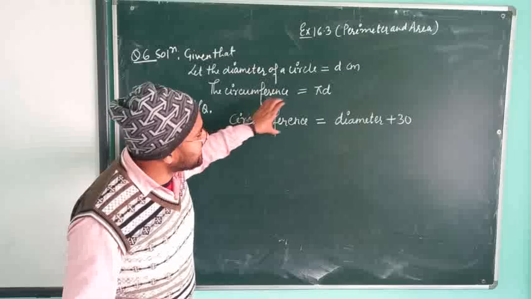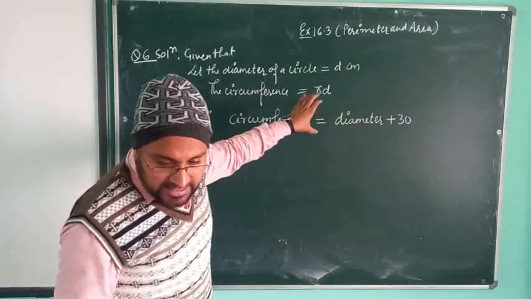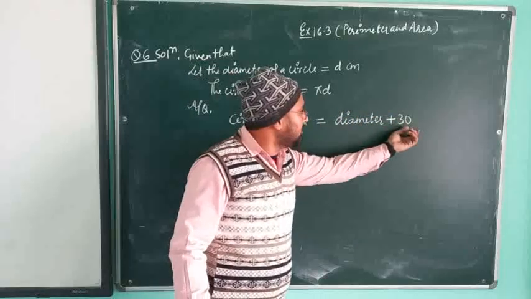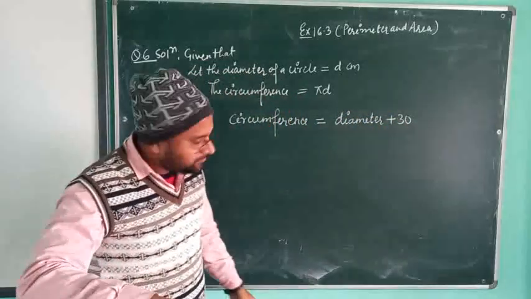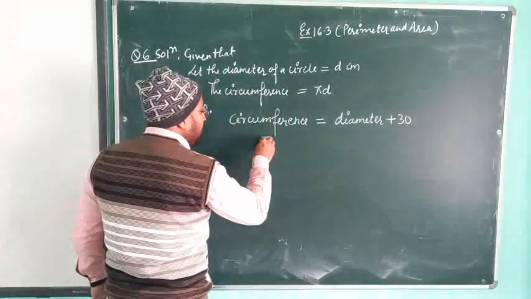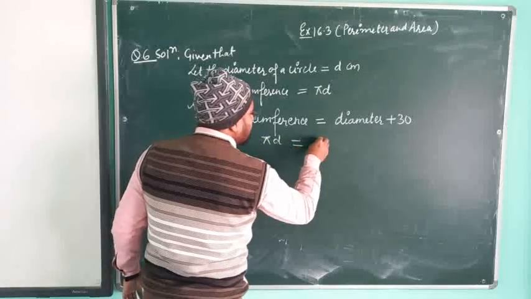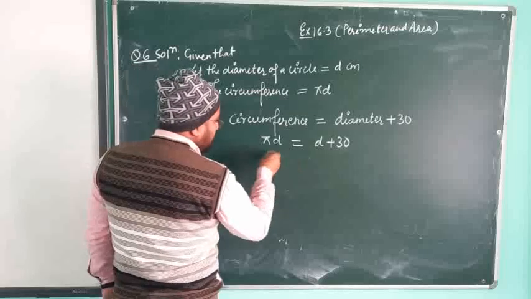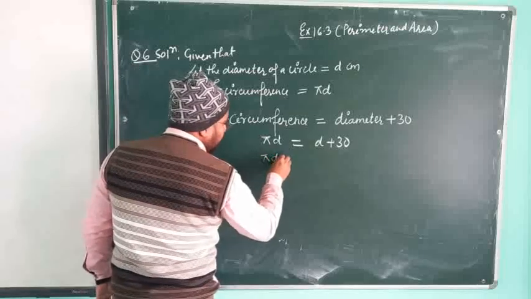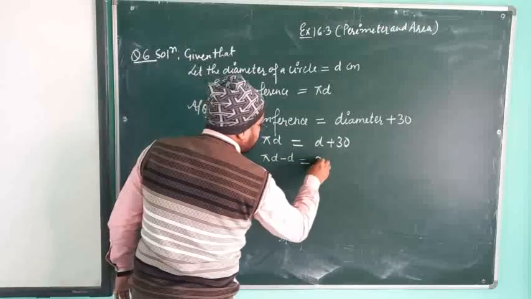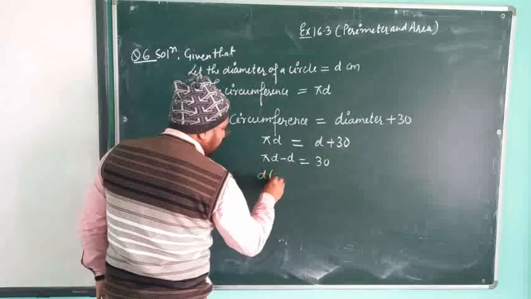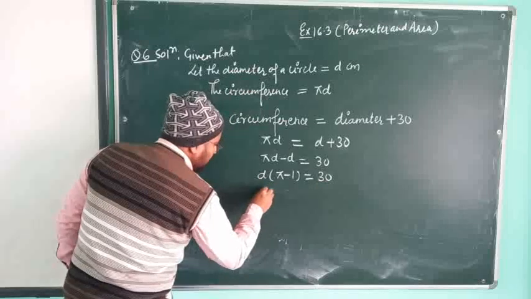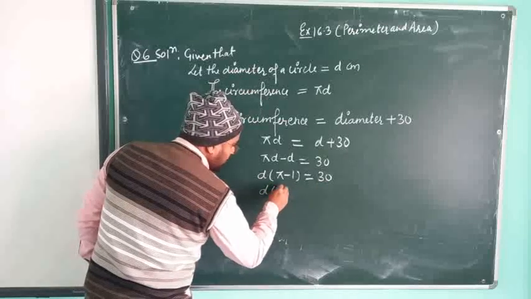The circumference of a circle exceeds its diameter by 30 centimeter. So we can add 30 to the diameter. So circumference, pi into d, is equal to d plus 30. Solving this, pi into d minus d is equal to 30. Taking d as common, d into pi minus 1 is equal to 30.